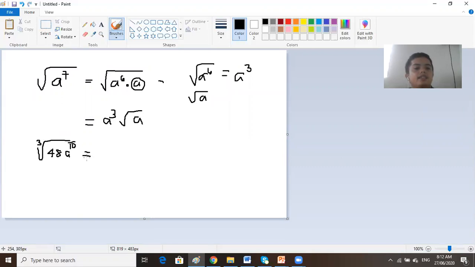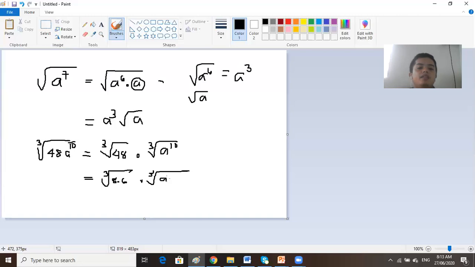In this case, you can write the cube root of 48 times the cube root of a sub 10. So the cube root of 48 can be written as the cube root of 8 times 6, while the cube root of a^10 can be written as the cube root of a up to 9 only.